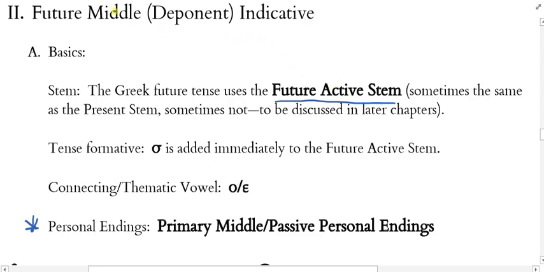Notice that what we said before, when a verb is middle, is the subject performing the action? Yes. And that is true in the active voice too. So the future active and the future middle are both using the future active stem. They're just going to use different endings here. Same tense formative that I'm going to add to the future active stem, same connecting vowels, but instead of using the primary active personal endings, I'm going to use the primary middle passive personal endings.